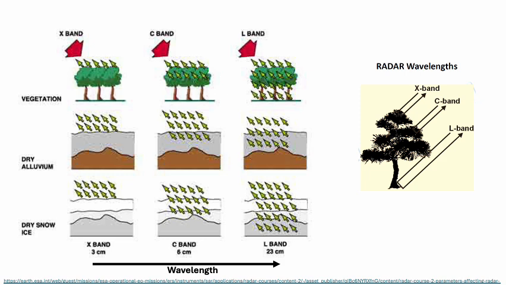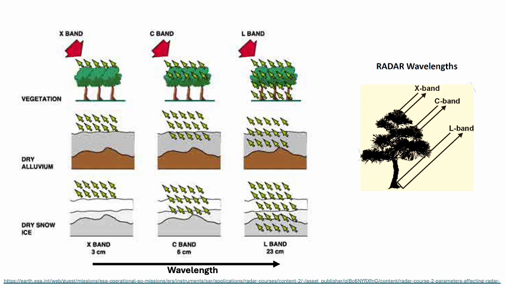Here, the comparison of three wavelengths is shown. It is clearly seen that the higher the wavelength, the more the penetration. So, if we use X band to study forests, we will get only information about the forest canopy. On the other hand, if we use L band, we will get information about the trunk.